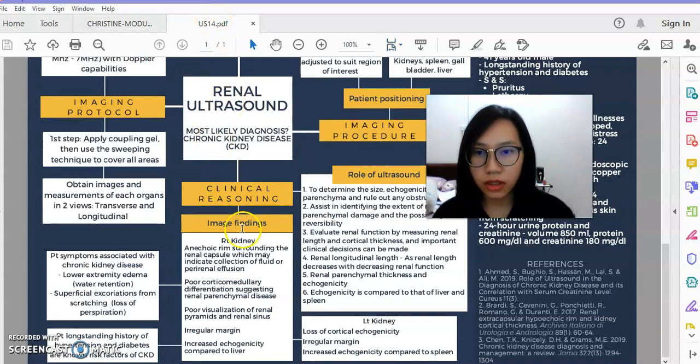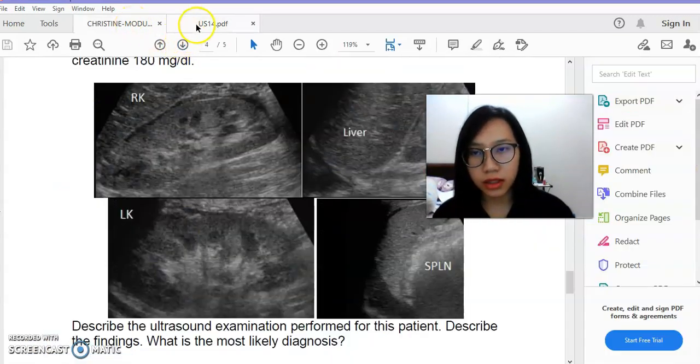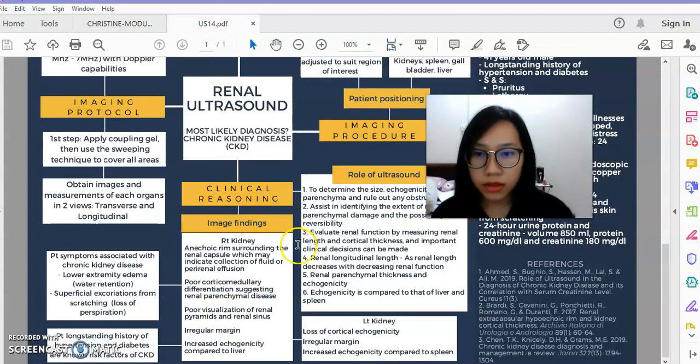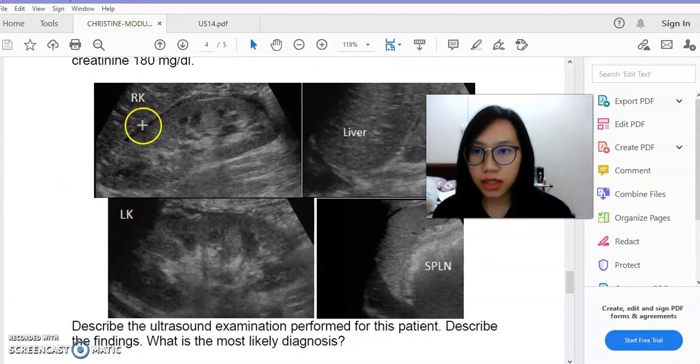So we can see that anechoic rim. There is also poor corticomedullary differentiation, and this suggests renal parenchymal disease also. There is also poor visualization of renal pyramids and renal sinus, and we can see there are areas of irregular margin here.